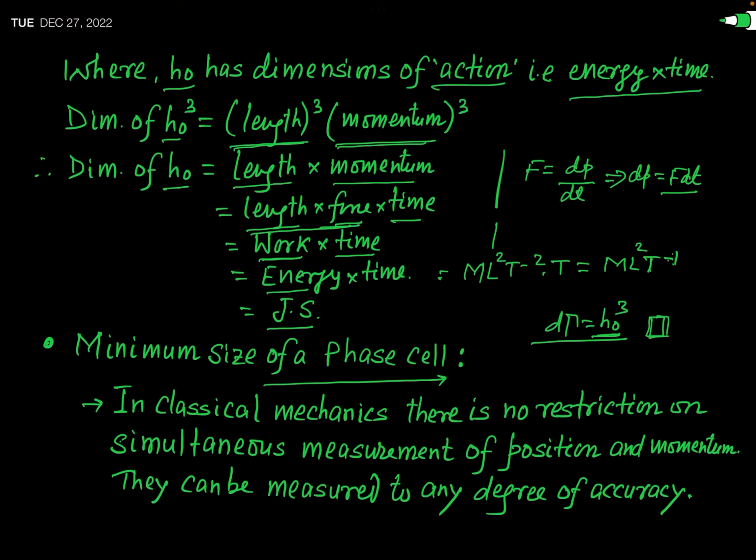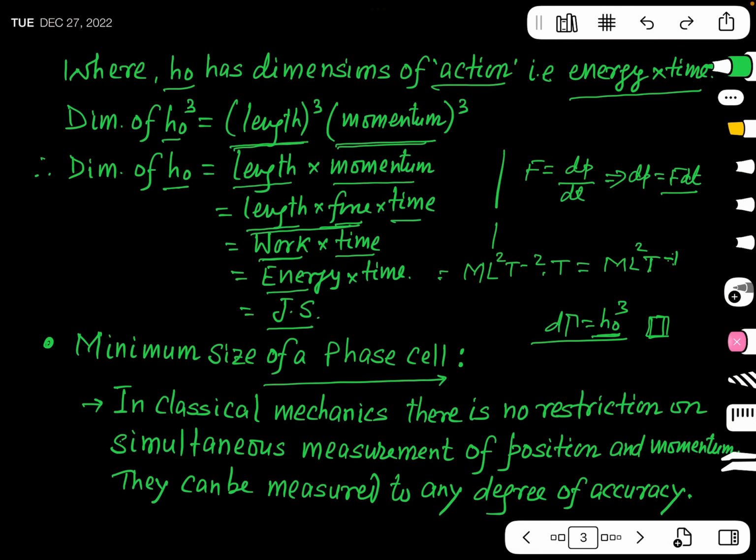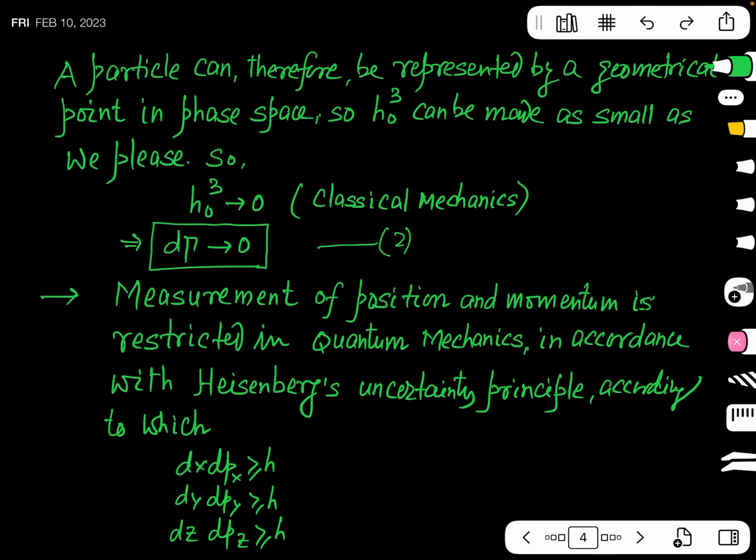So simply you can say that in classical mechanics, the minimum size of the phase cell may be zero. It will just convert into a particle, and a particle is treated in classical mechanics just like a geometrical point having no dimension. So in classical statistical mechanics, the volume of the phase cell may tend towards zero.